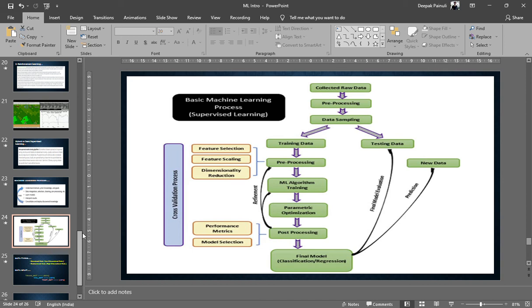So after training and parametric optimization, if you are not getting a proper performance metric, that means you need to use another model. You can have multiple ML models to train, right? So you will train all the models one by one and check the efficiency.